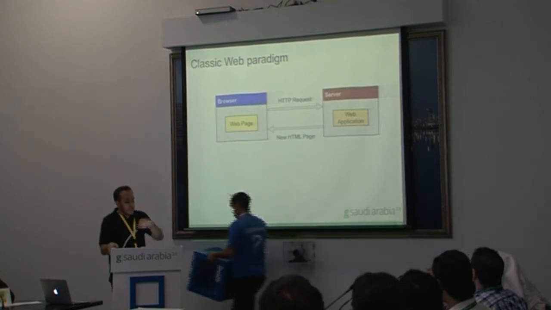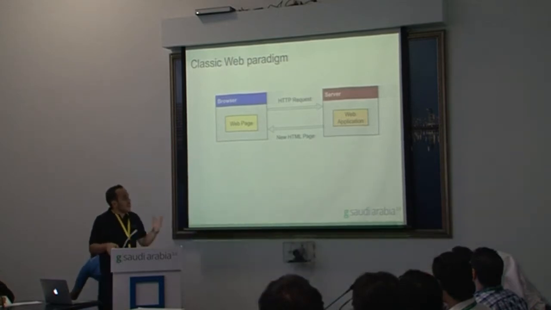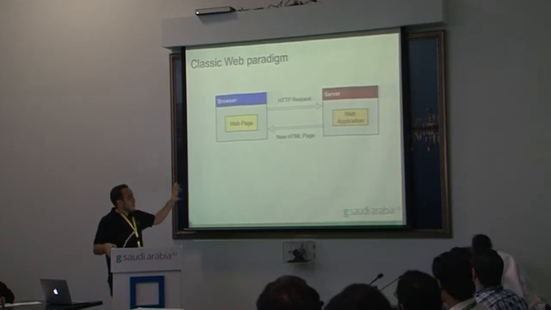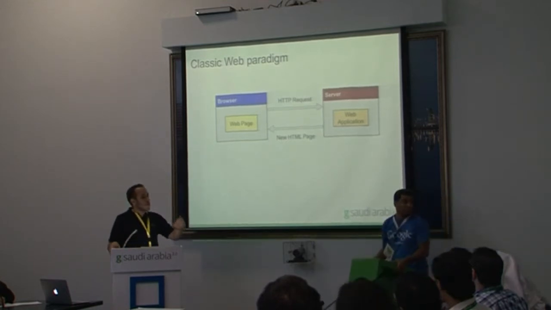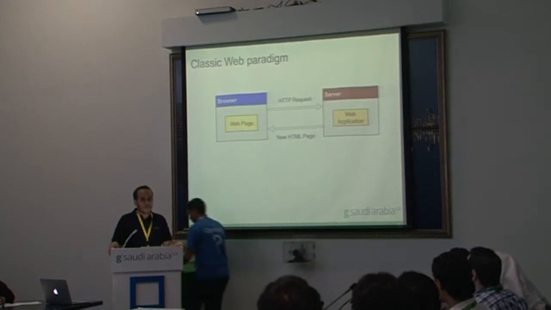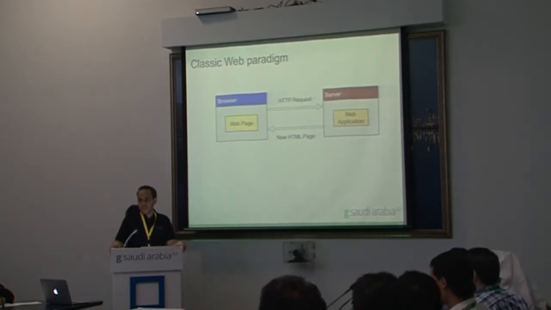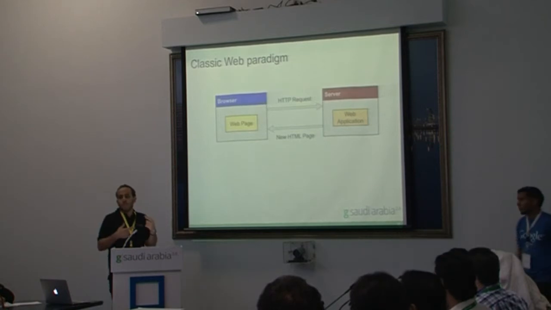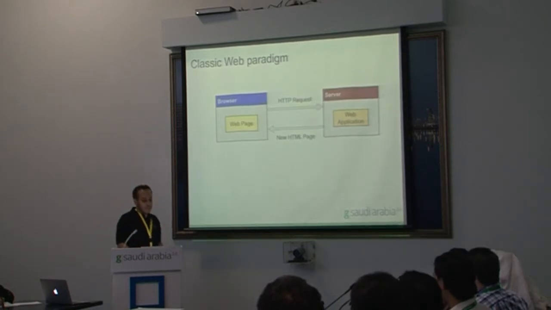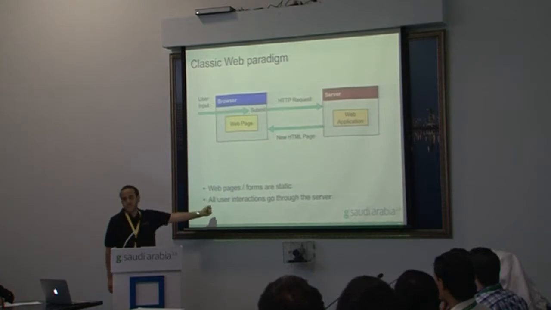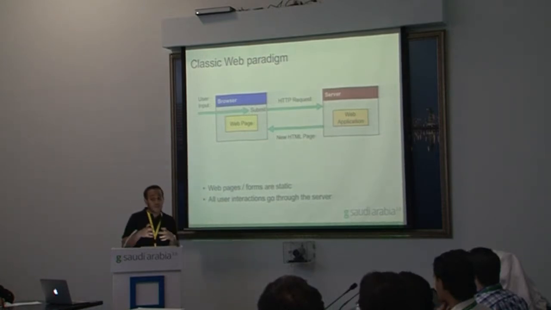The web page issues a request, and the server responds with an HTML page. Can someone tell me a little bit about what's not good about this paradigm? Correct. Every time there's a client request, you have to reload the whole page, and the user sees a white screen. So it's not optimal. The web page is static, and all interactions go through the server. On the client side, there's really no logic, and so it's very slow.